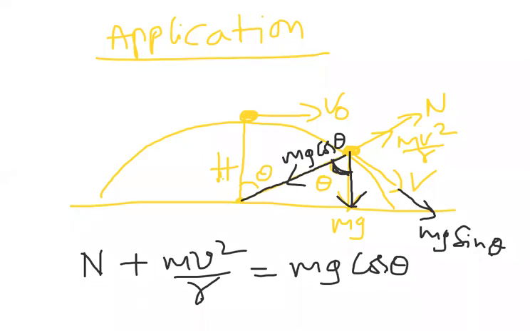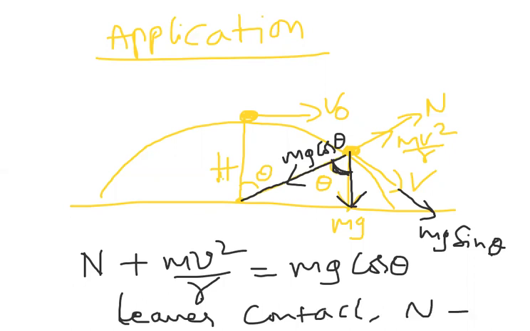Suppose the body leaves contact. Leaves contact means the normal reaction is equal to 0. So what can we write here? mv square by r is equal to mg cos theta.